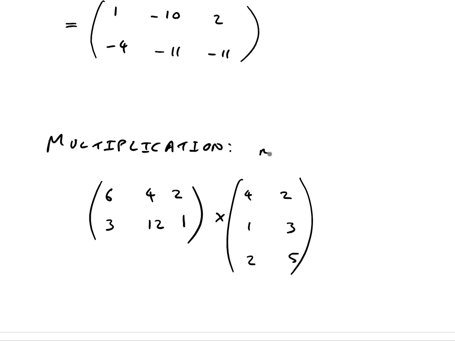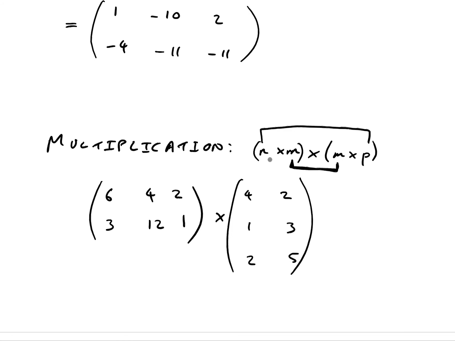Now with matrix multiplication, to find out whether we can actually multiply the matrices together, we have to have, let's say, an n by m matrix, and we want to multiply that by an m by p matrix. In order to be able to multiply the matrices together, these two inner numbers have to match. If they match, great, we can do the multiplication. And then the dimension of the resulting matrix will be given by the outside.